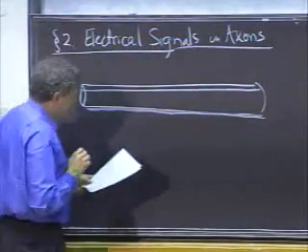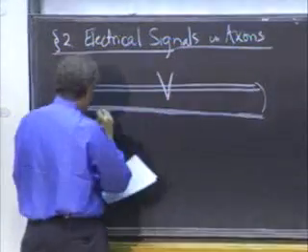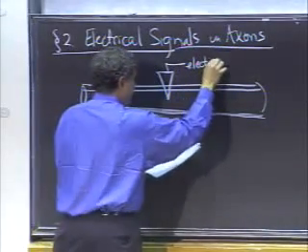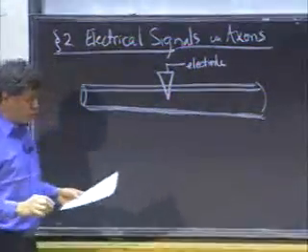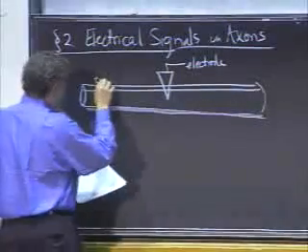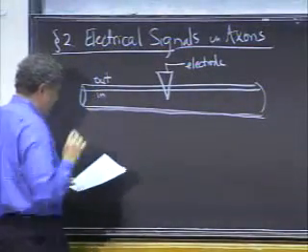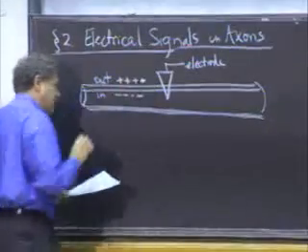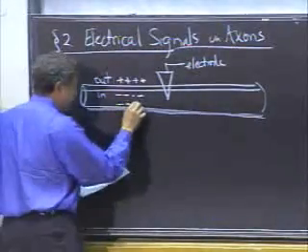If I stick an electrode into an axon and measure the voltage gradient from the outside of the cell to the inside of the cell, what I'm going to find is that the inside of the cell is negative compared to the outside of the cell.